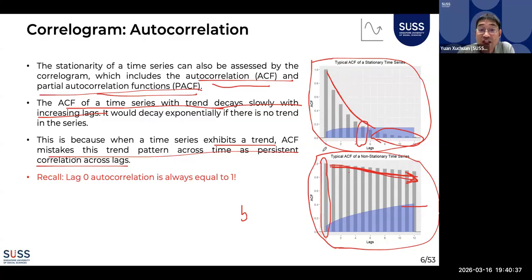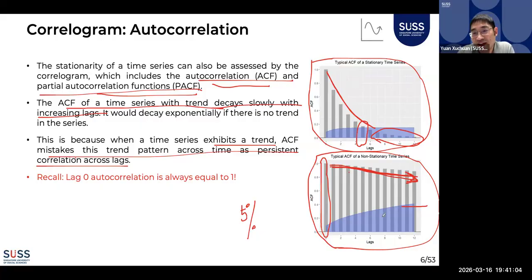You will look at whether more than 5% of the autocorrelation function is beyond the 2 standard deviation. If so, we will say they do not have a cutoff, and they decay slowly or exponentially, something like that.